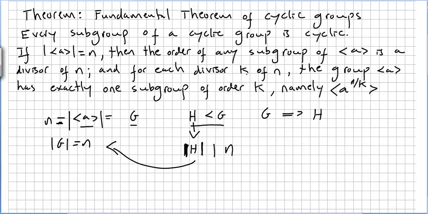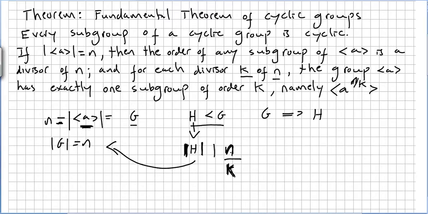And for each divisor k of n, the group ⟨a⟩ has exactly one subgroup of order k, namely ⟨a^(n/k)⟩.